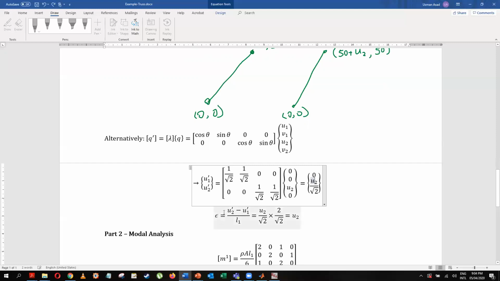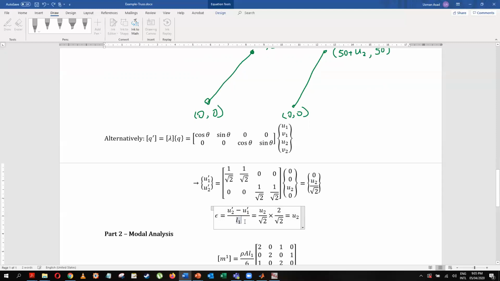So epsilon, which was du by dx in this case, is the change u2 prime minus u1 prime divided by the length of the element. ठीक है? So this difference is just u2 divided by under root 2 because u1 prime is 0, and you have to divide it by L1.